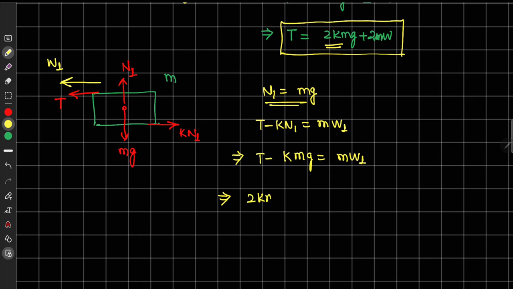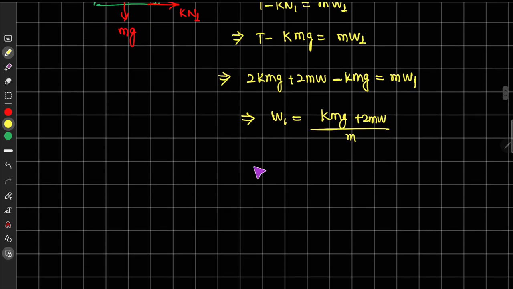So we can write 2kmg plus 2mw minus kmg is equal to m into w1. From here we find the acceleration of this mass: w1 is equal to (kmg plus 2mw) divided by m, so the acceleration is kg plus 2w. So this is the expression of the acceleration we got.